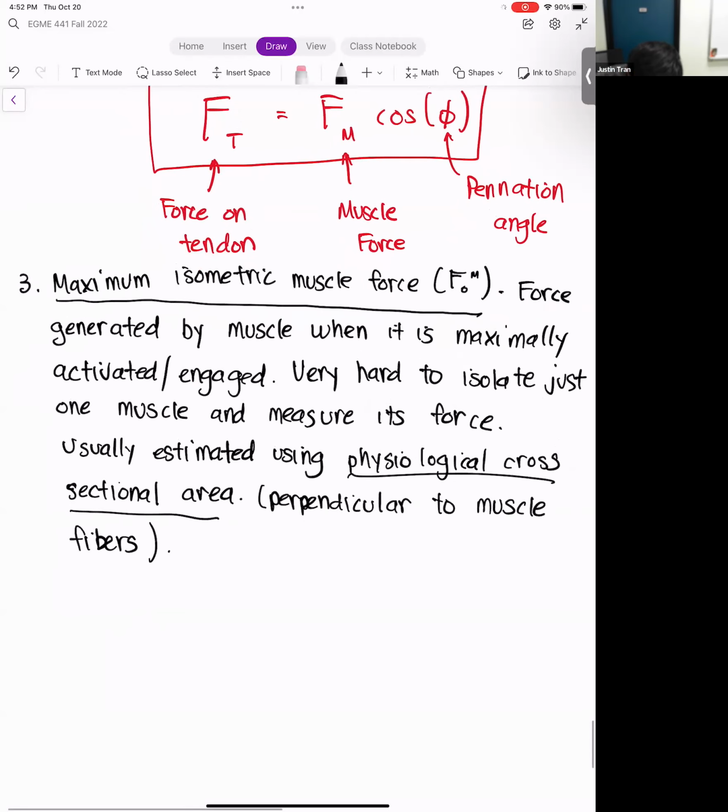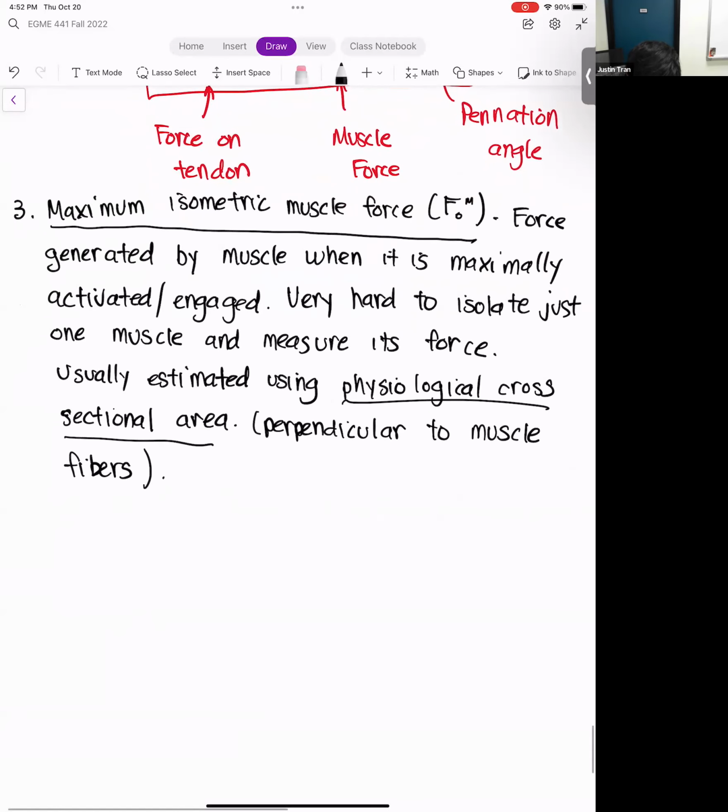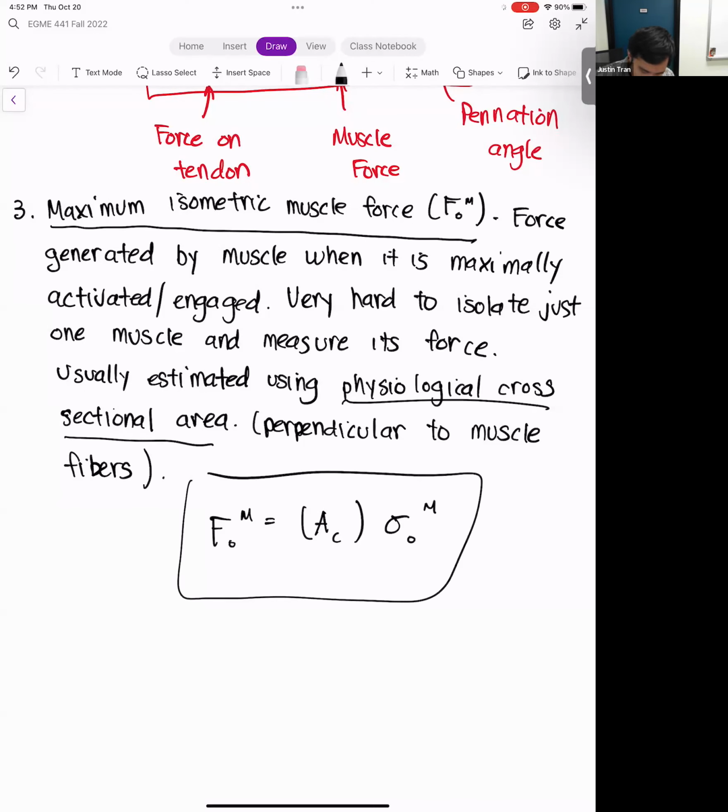So the formula that we have for this is FOM is equal to the cross-sectional area, I'll just call it area, cross-sectional, times some parameter sigma OM. Okay.